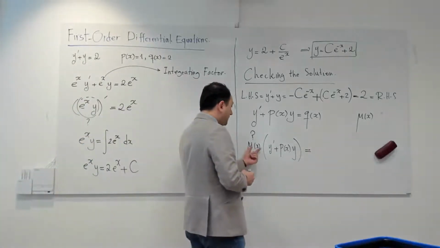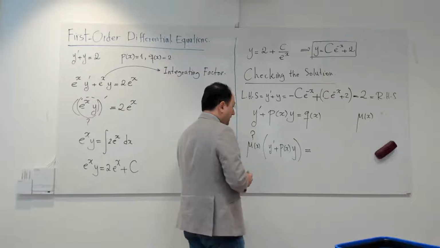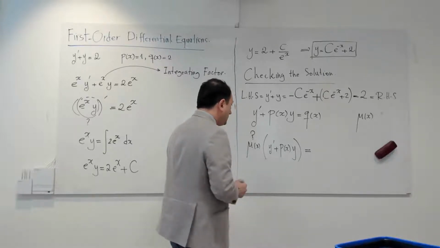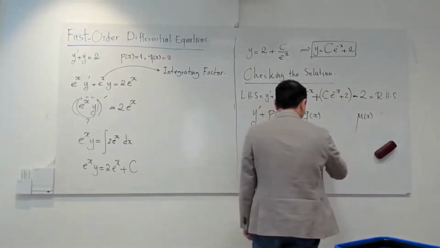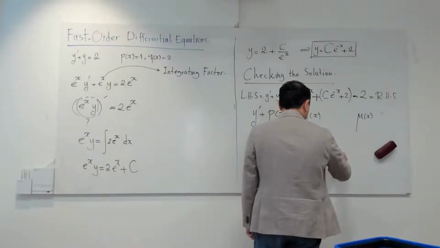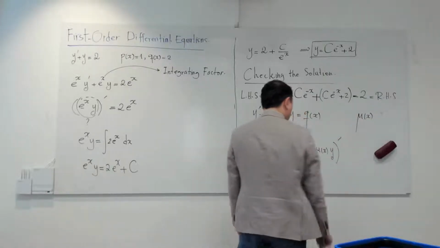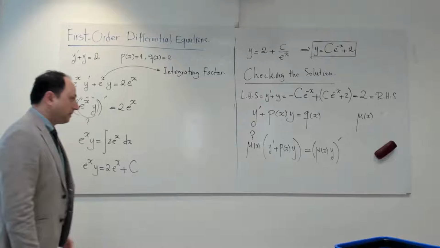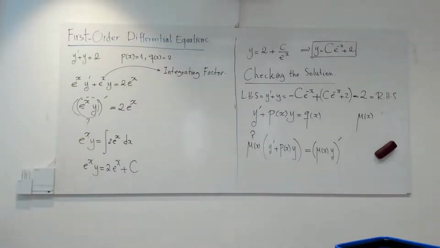That I multiply this by that expression and it becomes equal to mu of x times y, totally prime. I'm asking this question of myself. If it is possible to find such a function, then I can follow the same strategy to solve the problem.